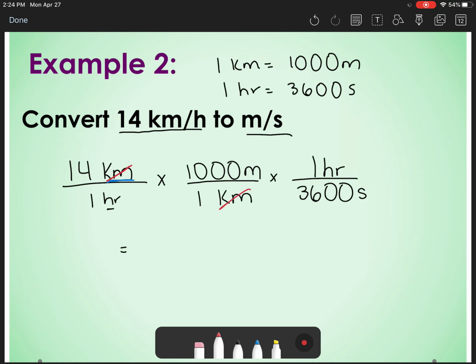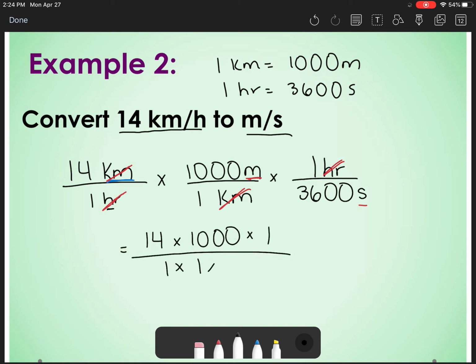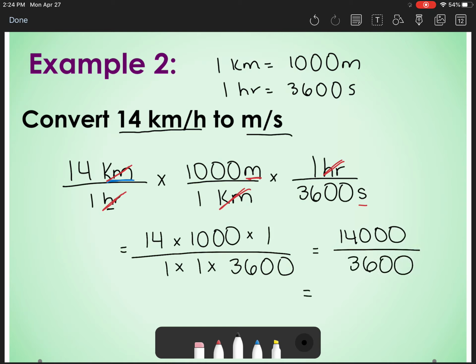So I can cancel kilometers, I can cancel hours, which has left me with meters per second. Good. Now I do the math. 14 times 1,000 times 1 divided by 1 times 1 times 3,600. This is going to be 14,000 if I multiply out all the tops, divided by 3,600, and that's going to leave me with 3.8 meters per second.